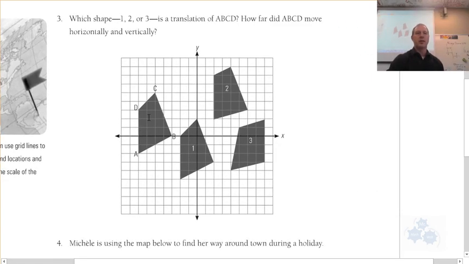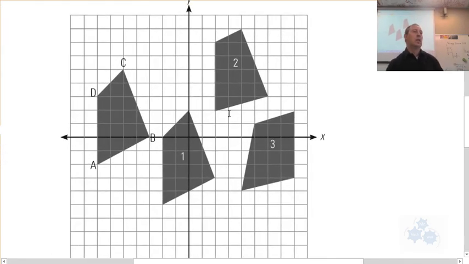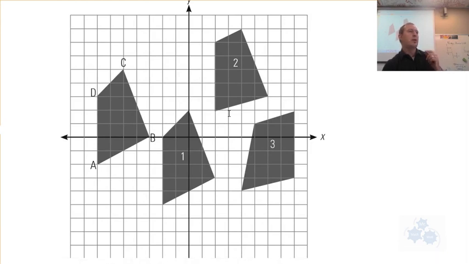Which one of these right here is a translation of the original ABCD parallelogram? Which one would you say is the translation? Which one is it? 1. Okay, you say 1, you say 3. You say 1? Okay. Why did you say 1? Anybody want to tell me why you said 1?